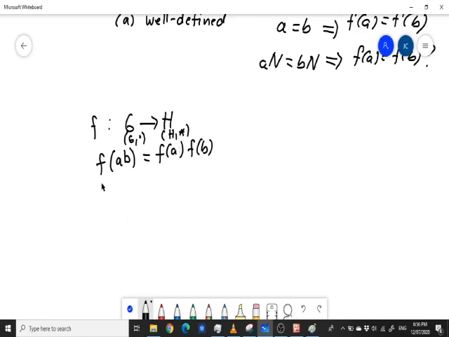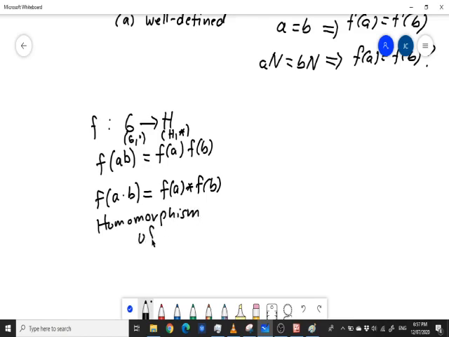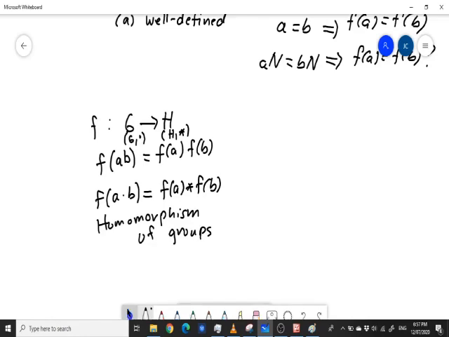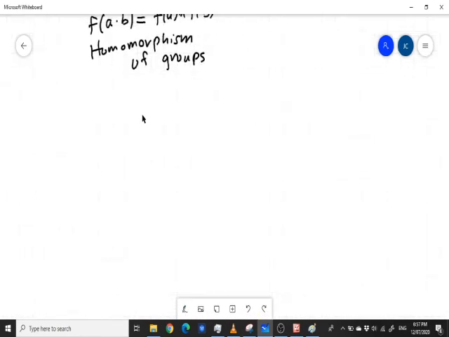So a way of being specific is F of A times B, because the operation in G is denoted by a dot, is equal to the product of their images under the operation in H. Ganun. So, okay, let's proceed to kernel.